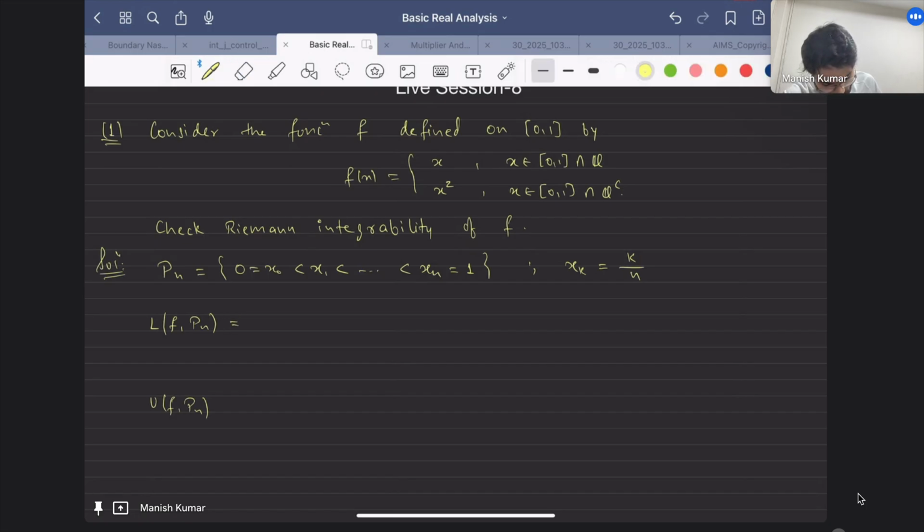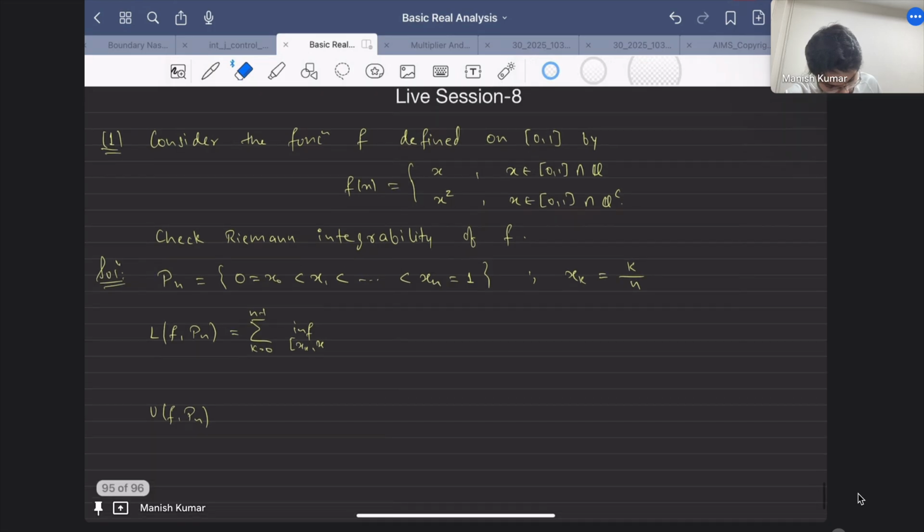The definition is simply the sum over k from 0 to n minus 1 of the infimum of the function f over [x_k, x_{k+1}], multiplied by the length of that interval, x_{k+1} minus x_k. This is what the lower sum means for this partition.